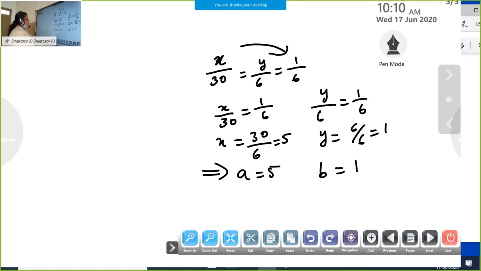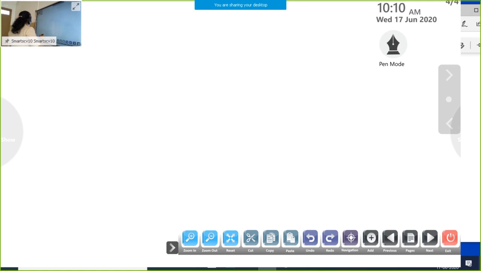Or you can use the substitution method and find the value of a and b, or use the elimination method and find the value of a and b. Next question.